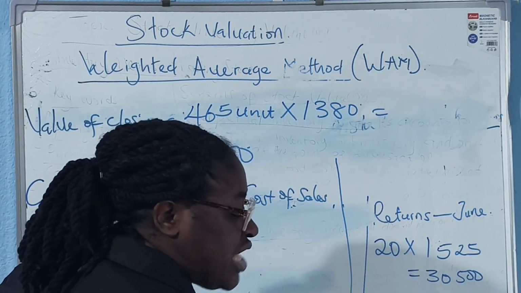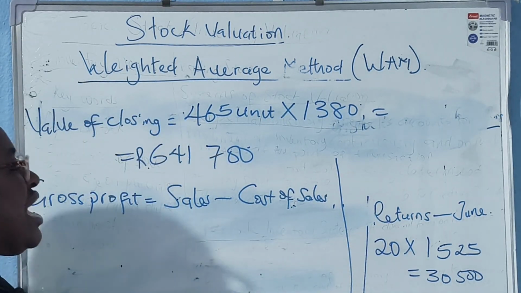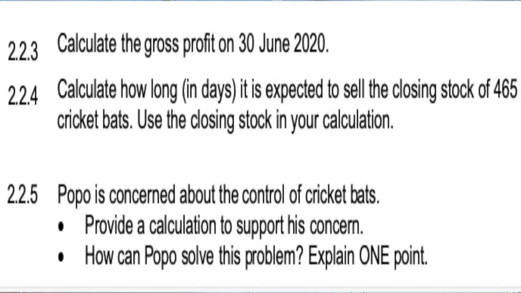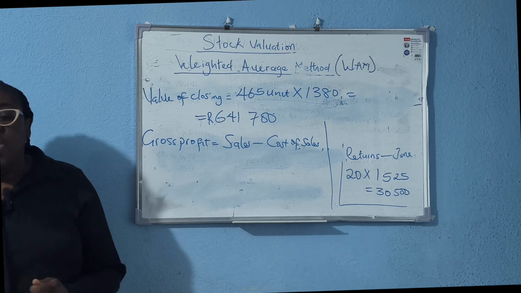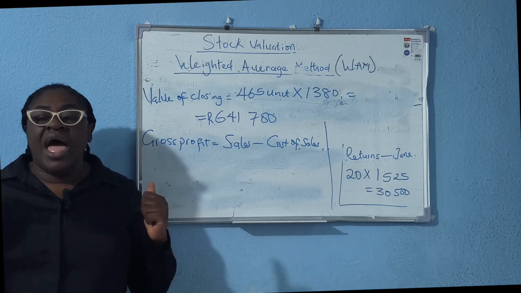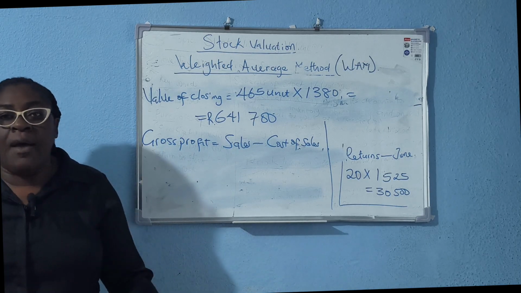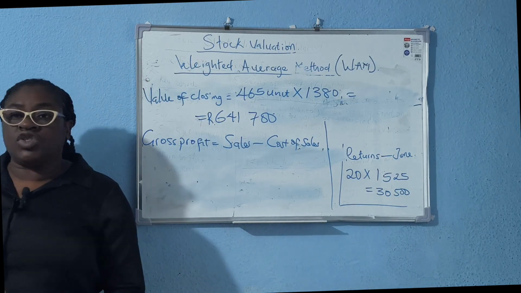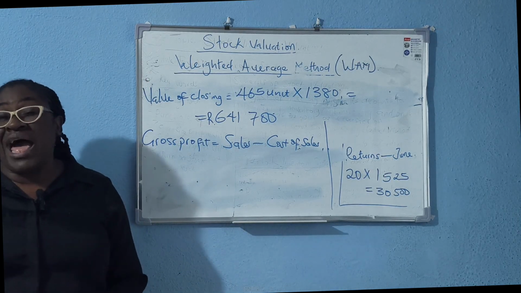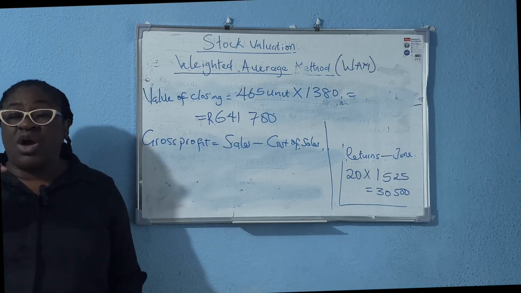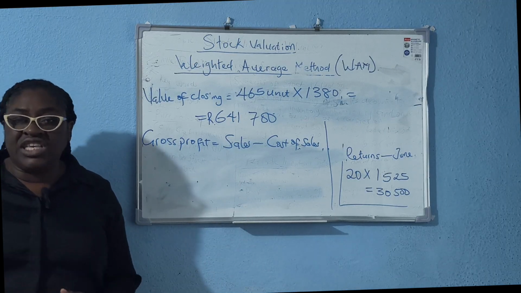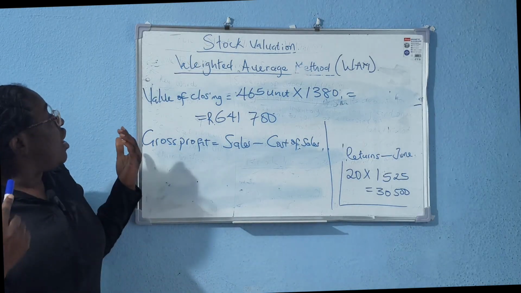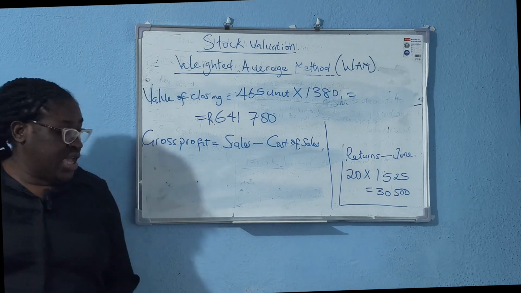of the business. This business uses the periodic inventory system. Now remember, if you go back to the first class that we had on the stock valuation, we looked at how we calculate the cost of sales using the periodic inventory system.